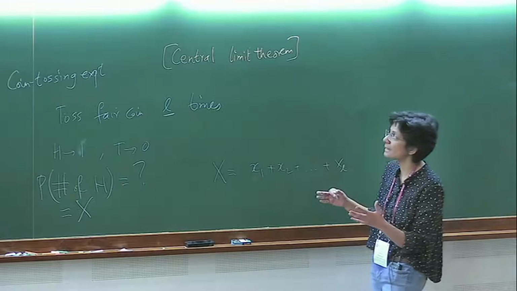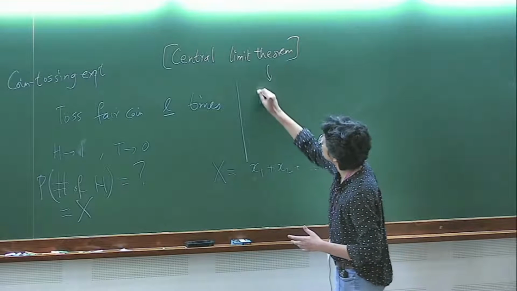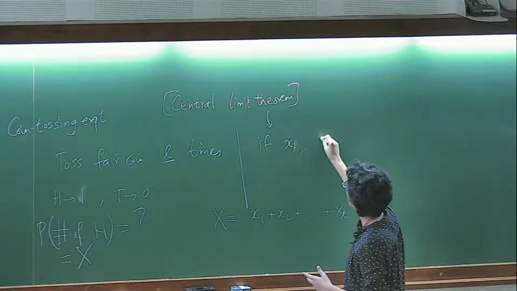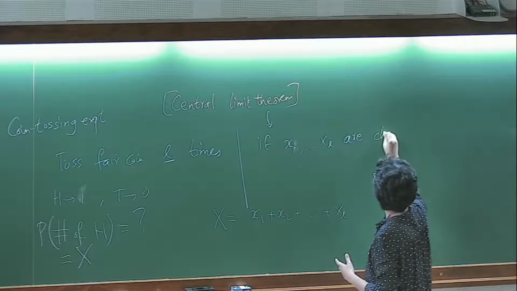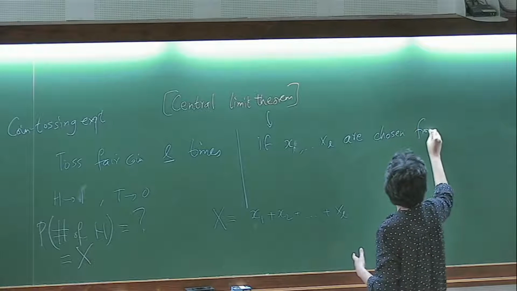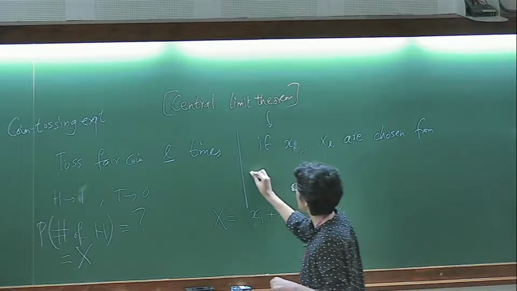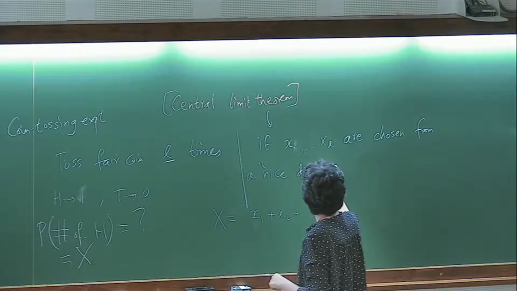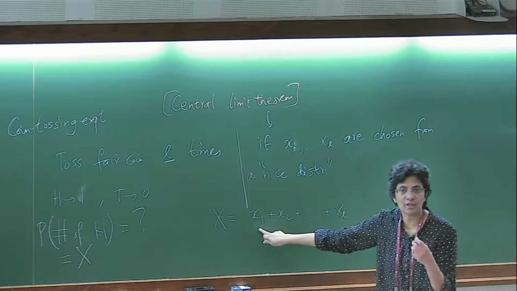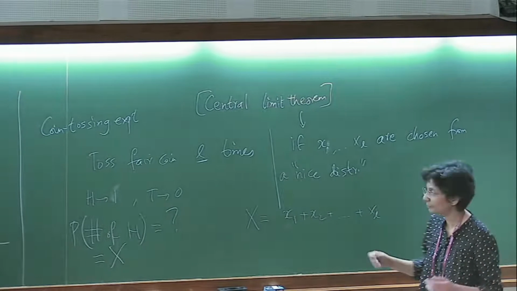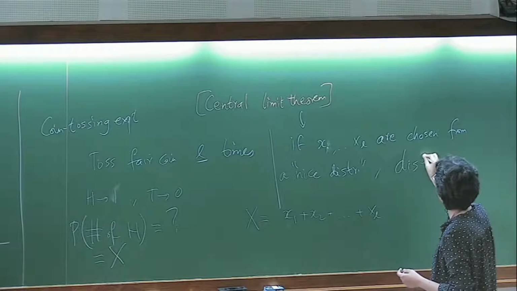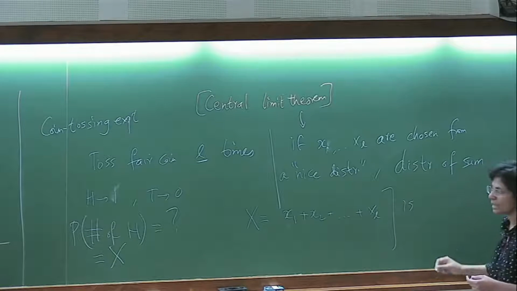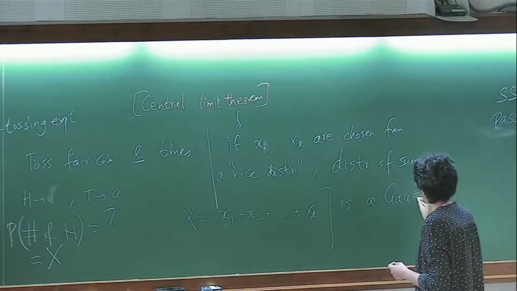And the central limit theorem says that if these little x1, x2, x3, I write a statement for you, are chosen from a nice distribution, let's not worry about what nice means, these are the elementary things. This is our coin. Then the distribution of the sum is a Gaussian or normal.